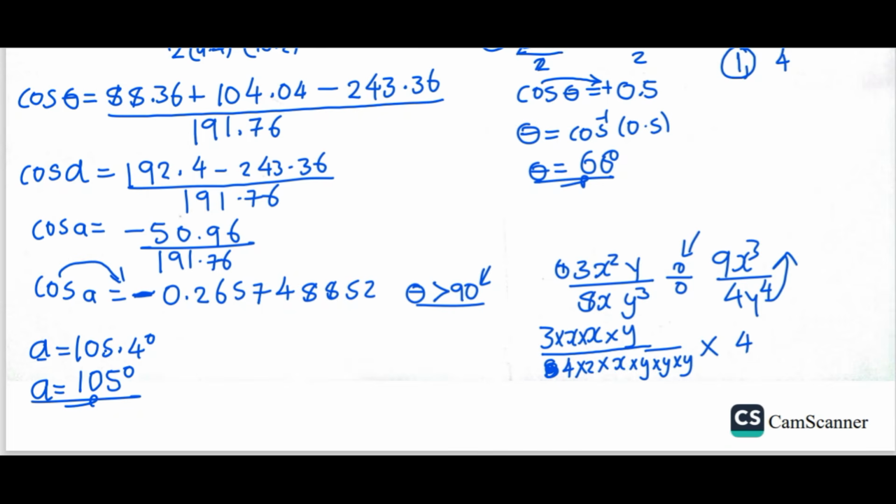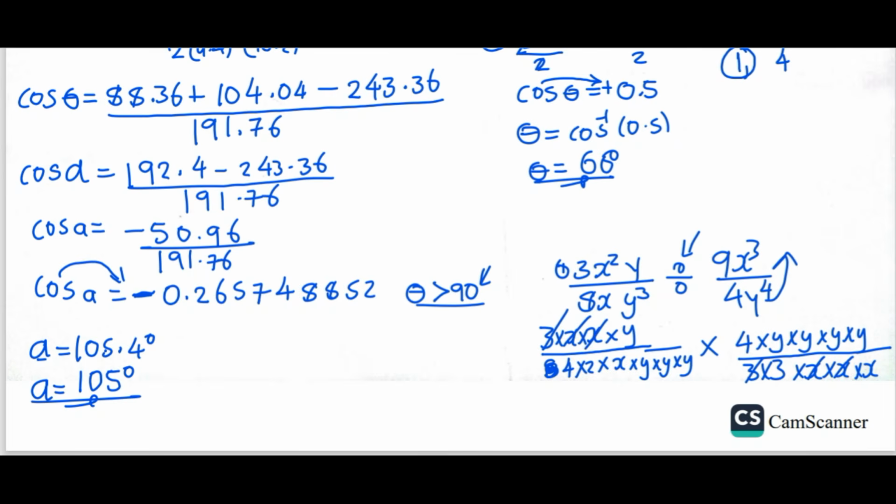So this will be 4 times y times y times y times y over 9, which is the same as 3 times x times x times x.